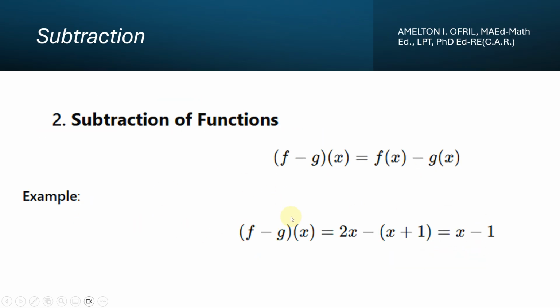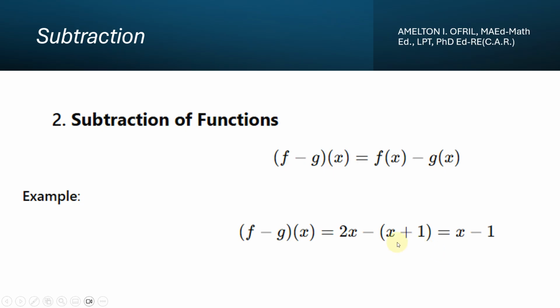Now, in the subtraction of functions, the same goes, but a little caution should be observed, especially on the signs. If we subtract a function, their difference is f of x minus g of x, and the difference of f and g of x is 2x minus the quantity x plus 1.